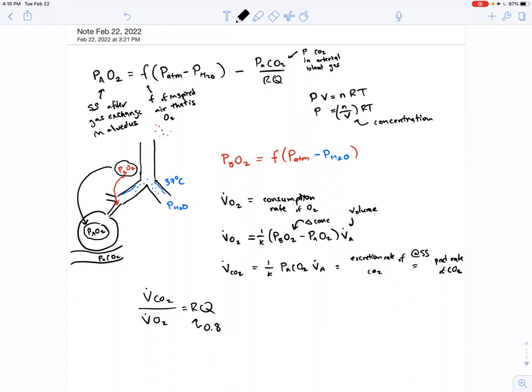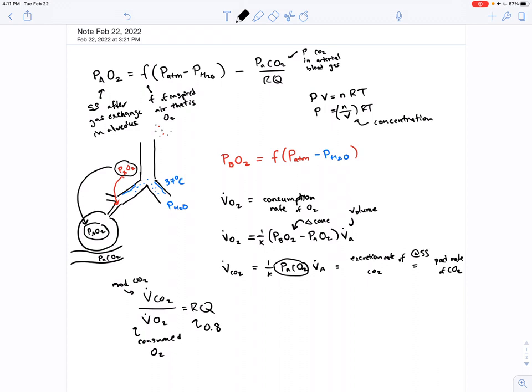Okay, so we get this respiratory quotient, which relates our produced CO2 to our consumed O2. Given this relationship, we can use this nice measurable quantity, PaCO2, which, unlike our oxygen measuring quantities, is much easier to measure.